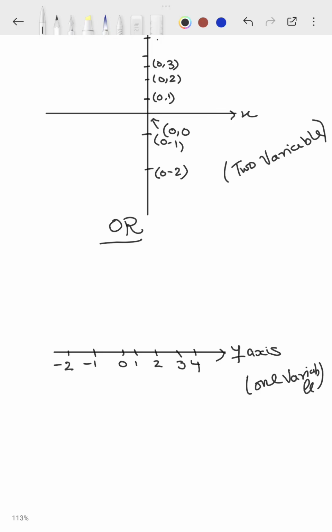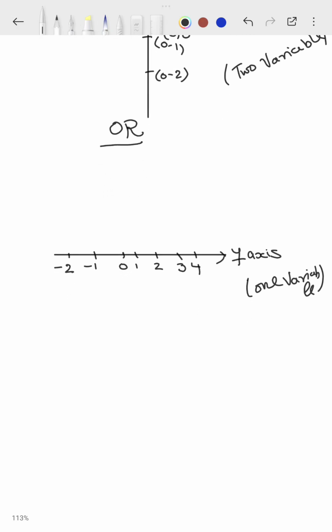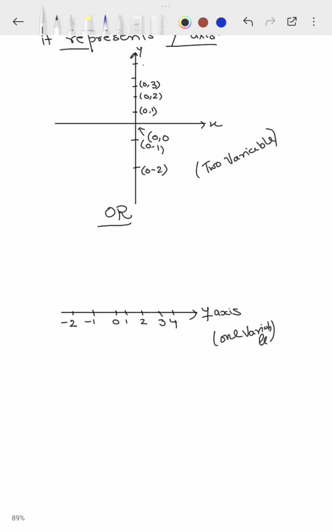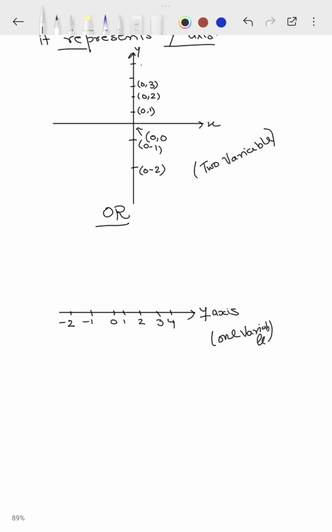Okay, now let's take some other example, when x is 1 or some other values. Let's take x when x is not equal to 0.